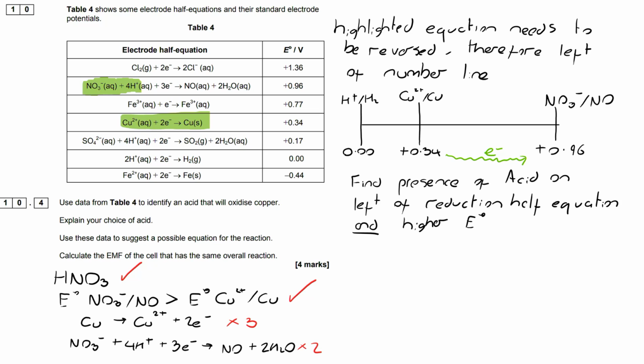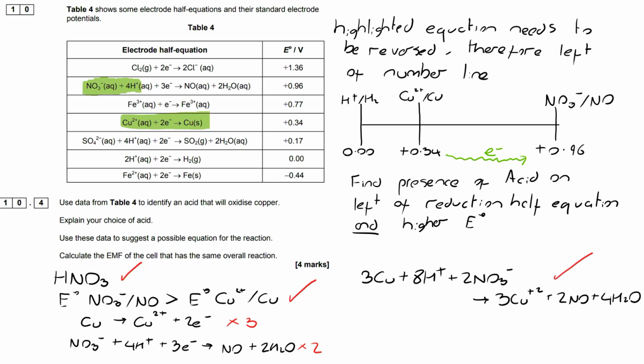And then we're asked to write the equation. And the equation, we take the two half cells, we identify which one needs to be reversed. Well, we've already made clear that has got to be the copper half equation. Once we've done that, we're then going to balance out the number of electrons. So we multiply the NO3- by 2 and the copper by 3, and that will give us 6 electrons on both sides. It means I can get rid of them.